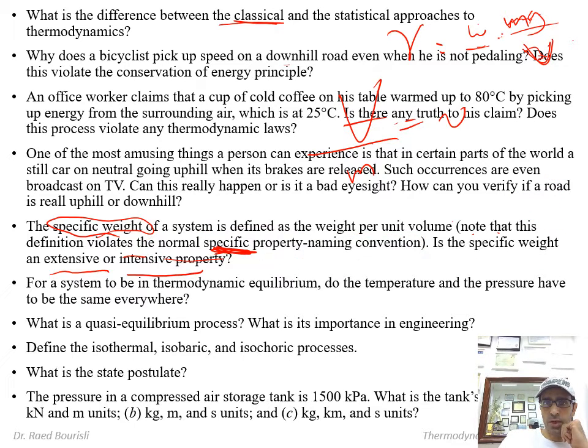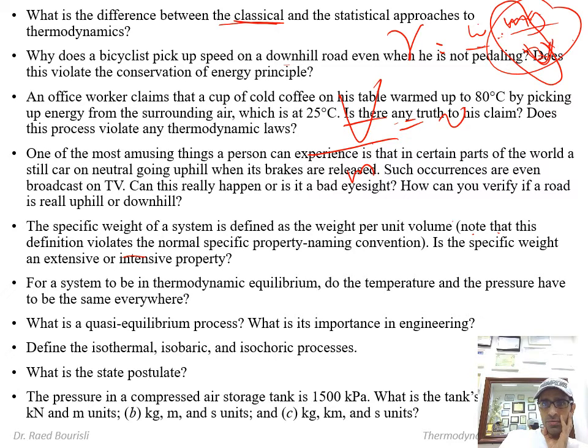Let's look at specific weight. Specific weight is mg over v. This m over v is nothing but rho. Actually, specific weight, we call it rho g when we use it in manometers, for example.